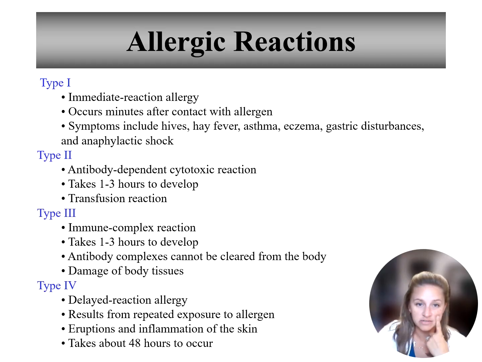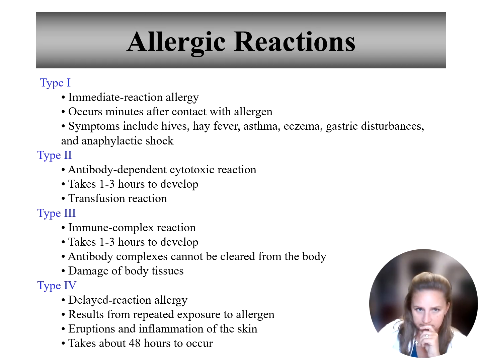So pollen, for example, some people recognize pollen as an antigen and have an allergic reaction to it. There also can be autoimmune diseases sometimes. We'll talk about those later.